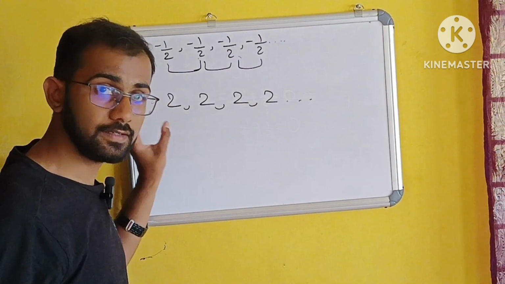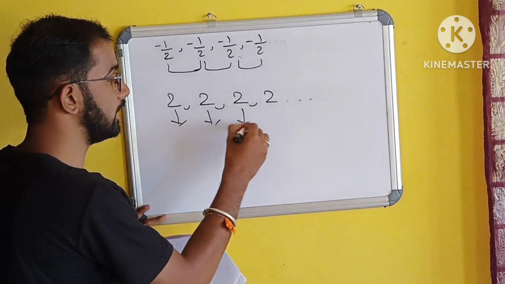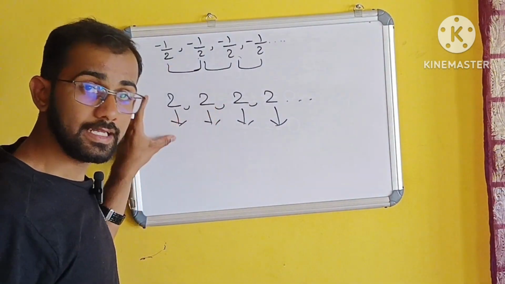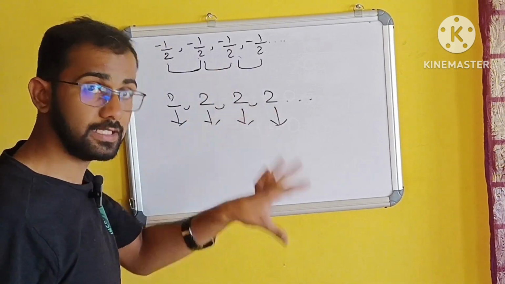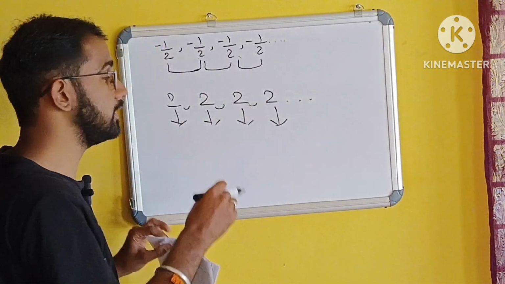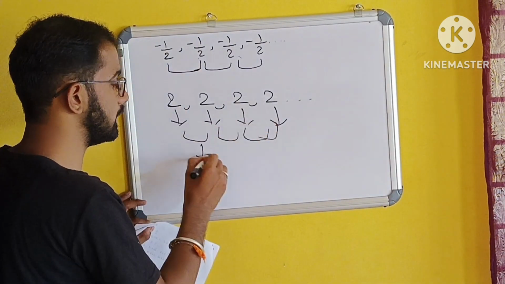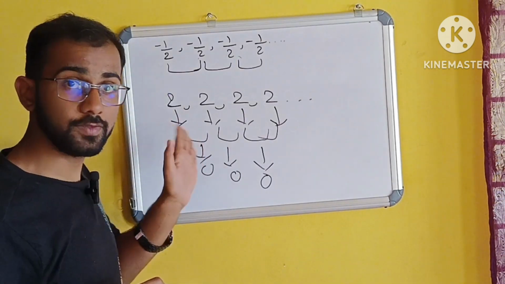If in a given list of numbers all the terms are the same, then that sequence must be in arithmetic progression, since the common difference between all those numbers is 0. So this is one hint.